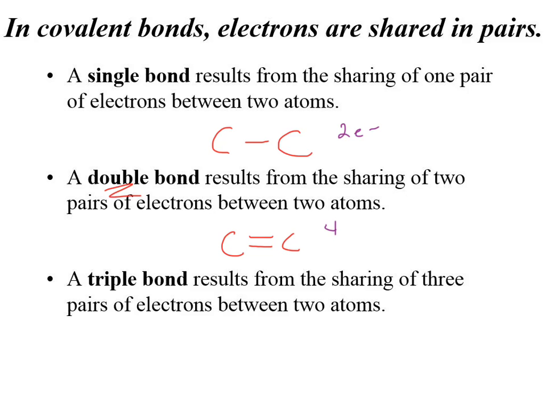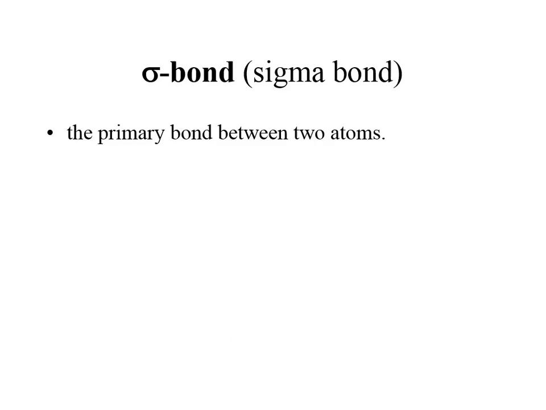So 4 electrons? 'Tis true. And last but not least, a triple bond looks like this: carbon dash dash dash carbon. How many electrons are there? 6. Yep, 6 electrons, 2 for each dash. Exactly. Single, double, triple. Just like in baseball.